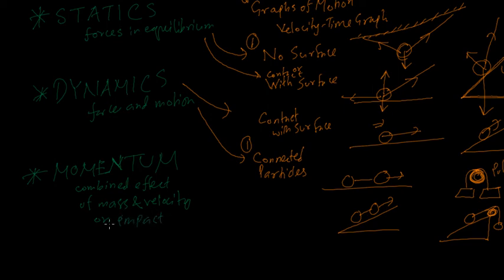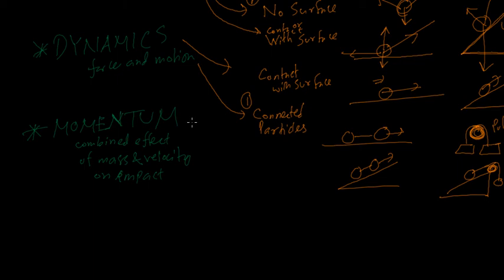So when someone punches someone, there is a combined effect of the mass of the fist and the velocity with which the fist is landing. So this is momentum. Momentum is all about collision, it's all about impact. So there is going to be one question on momentum, and that question is going to be about collision.